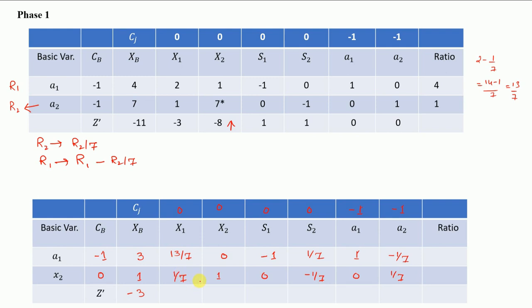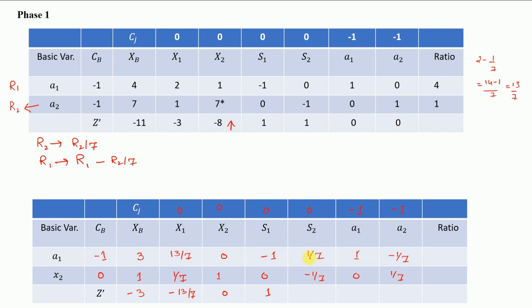So Zj, now look at this, minus 13 by 7, this is 0, so you can write it minus 13 by 7. So this value is minus 13 by 7. Similarly, if you calculate, this value is 0 and this value is 1, minus 1 into minus 1 plus 1, this is 0, so this is 1.